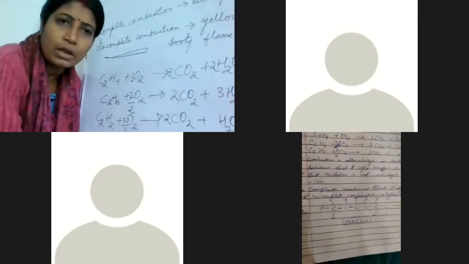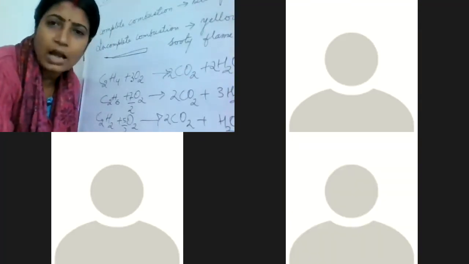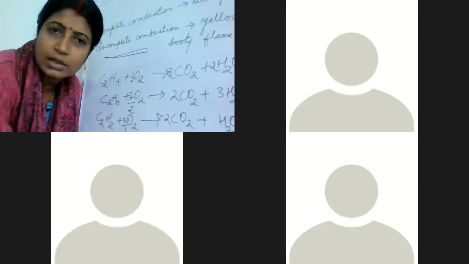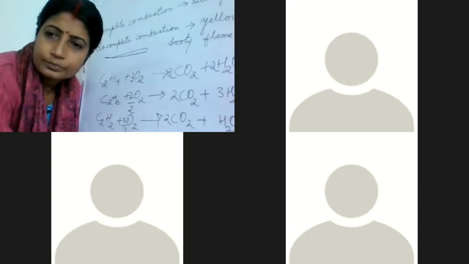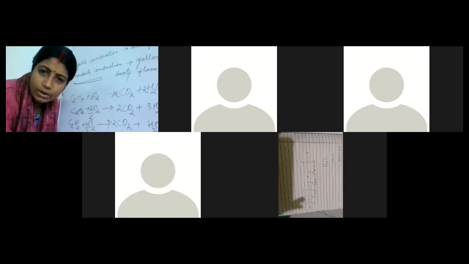You have to put the double bond after the second carbon, not the third carbon. When I say hex-3, then after third carbon you will put. Bhavya? Bhavya, clearly I'm not able to see Bhavya. Okay, got it. Correct.